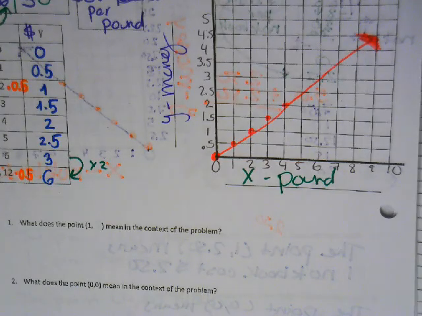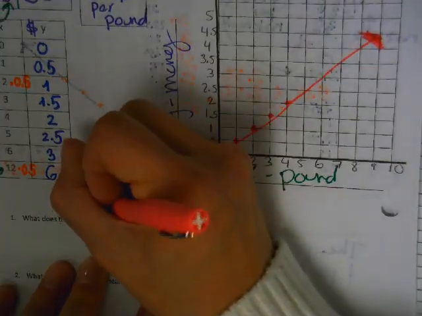All right. Question number 1 says, what does the point 1 comma 0.5 mean in the context of the problem? All right, what does it mean?